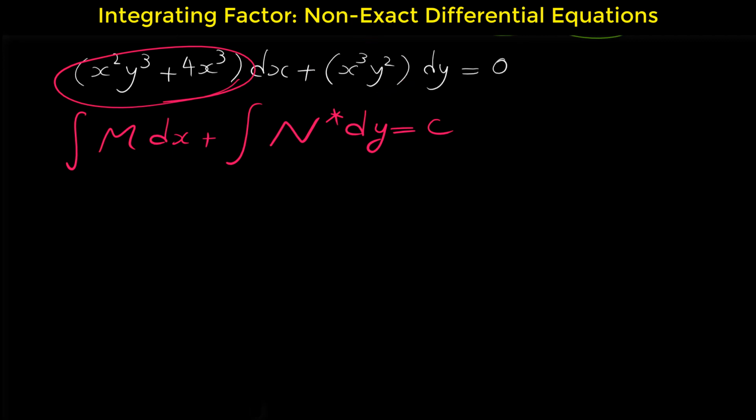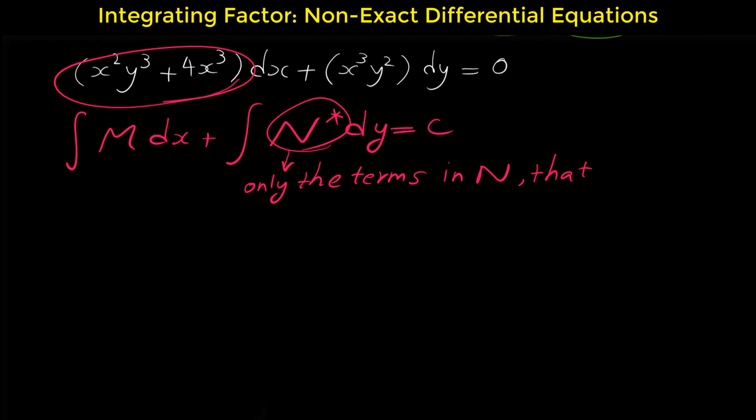Here in n, we have only this term, x to the 3, y to the 2. And as you can see here, we have x. So n star, which I mean only the terms in n that are without x, that are not a function of x.